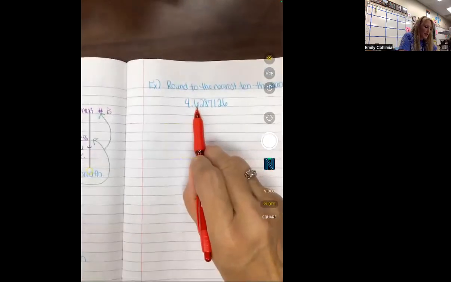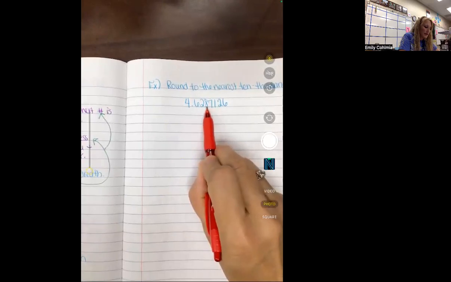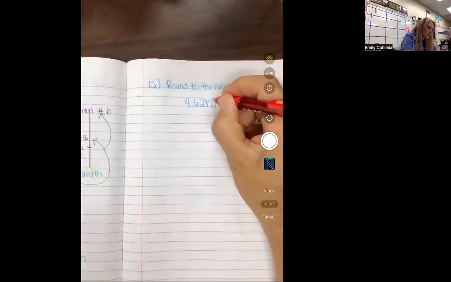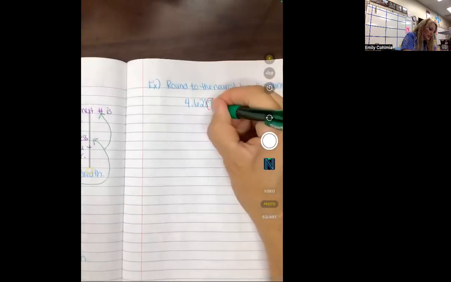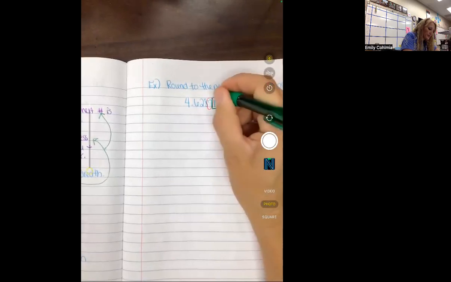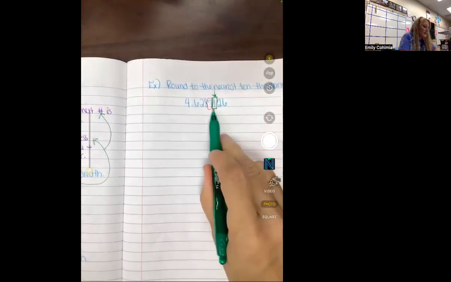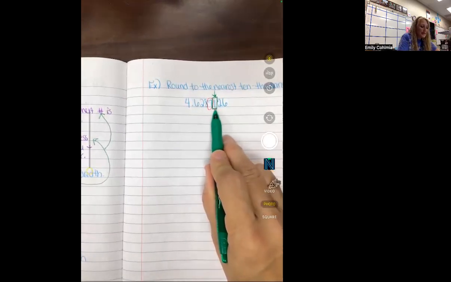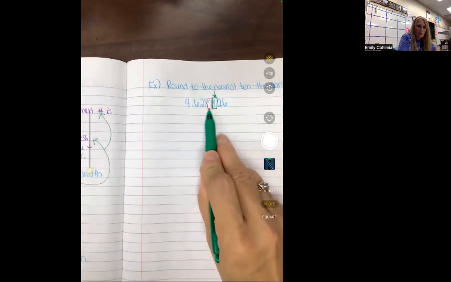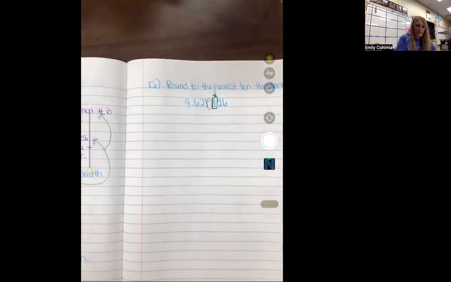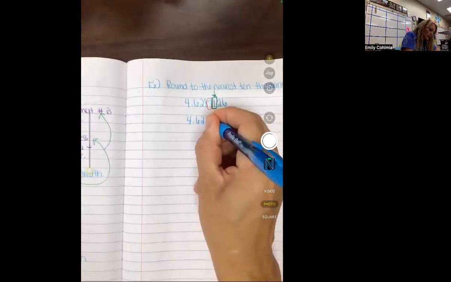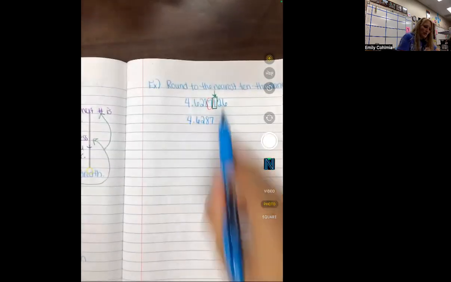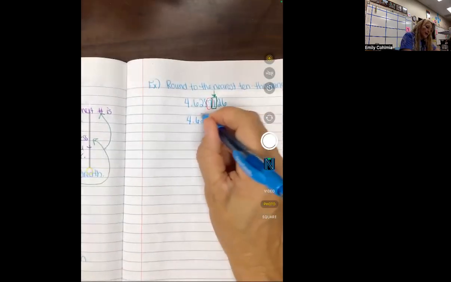So we have tenths, hundredths, thousandths, 10,000ths. So the 7 is what we're looking at. That's what we're rounding to. We need to look at the number after it. So we're looking at the 1. The 1, is it 5 or more, raise the score? Is it 4 or less, let it rest? It's 4 or less. So 4 or less, let it rest means we are not going to change the 7. We are going to let it rest. So in this case, we are going to just leave the 7 alone. We're going to let it rest, and we are going to drop everything behind it. And that is our answer.